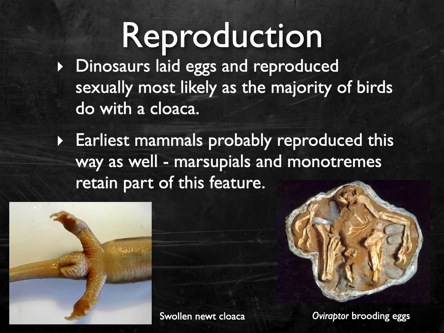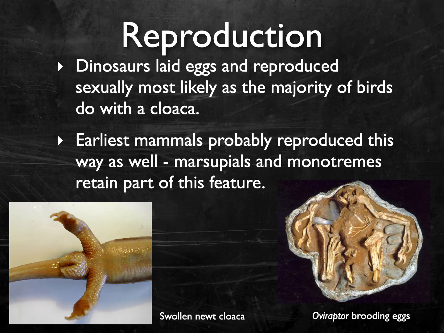And so once it swells up like that, the sperm passes out of that thing and then into the other cloaca, and the fertilization hopefully takes place. So it's a little different than mammals today do this. And more than likely, the earliest mammals reproduced this way as well.